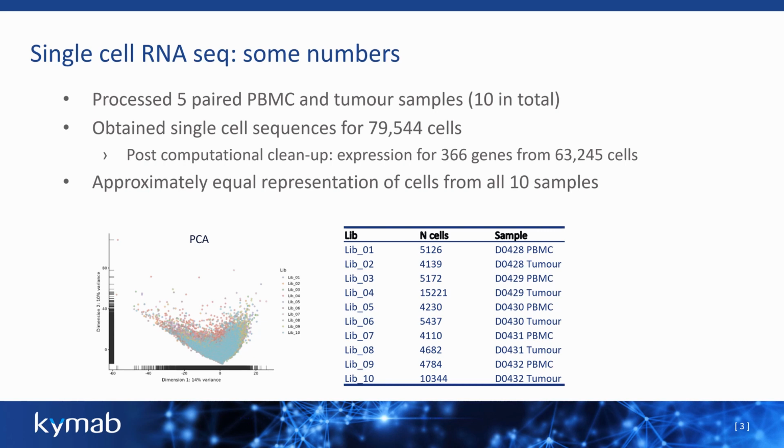So this is a principal component analysis plot of all of these samples after the filtration of cells, the normalization, and the batch correction was done.